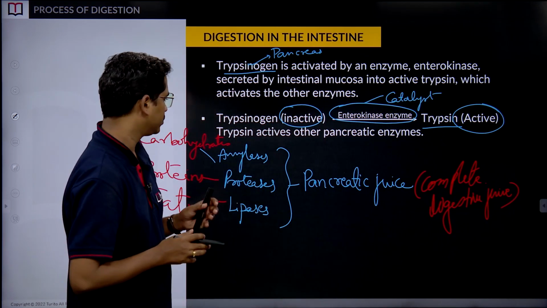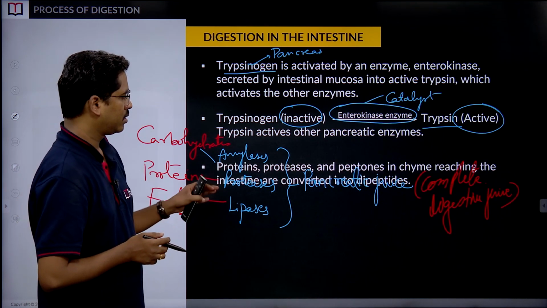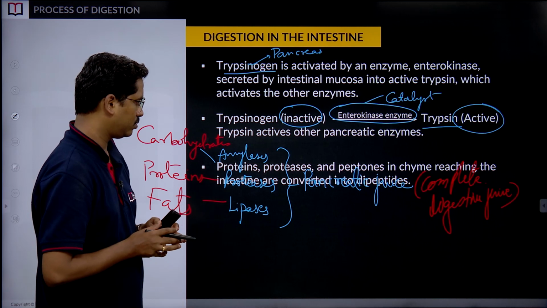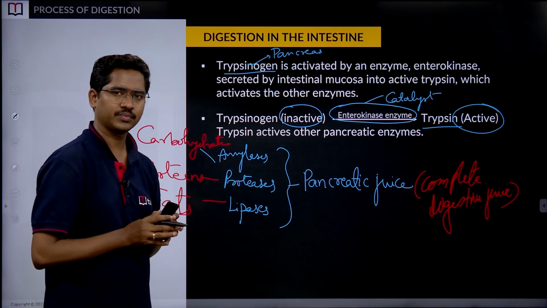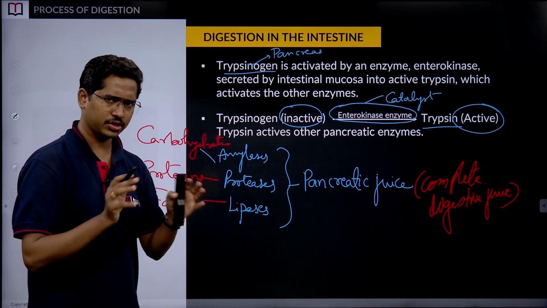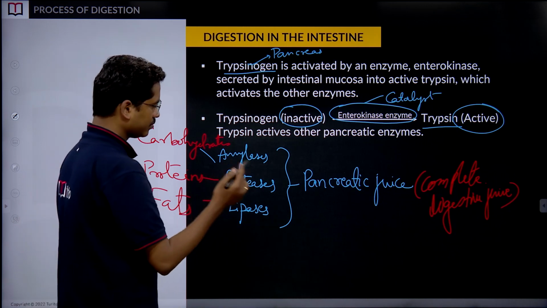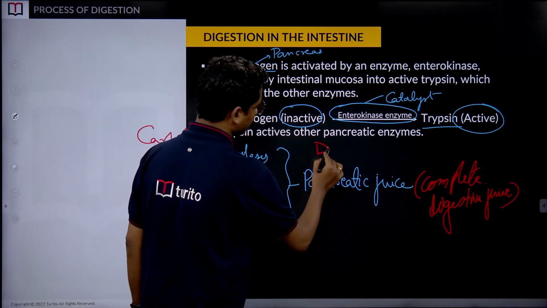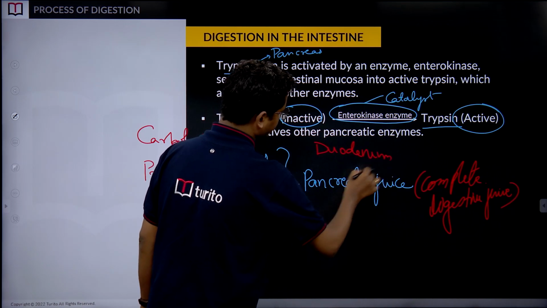Okay. Now, that is how it happens. Following which, it is because of the presence of these enzymes, okay, that the complete digestion of the proteins finishes by the time the chyme reaches the first part of the small intestine, that is the duodenum.